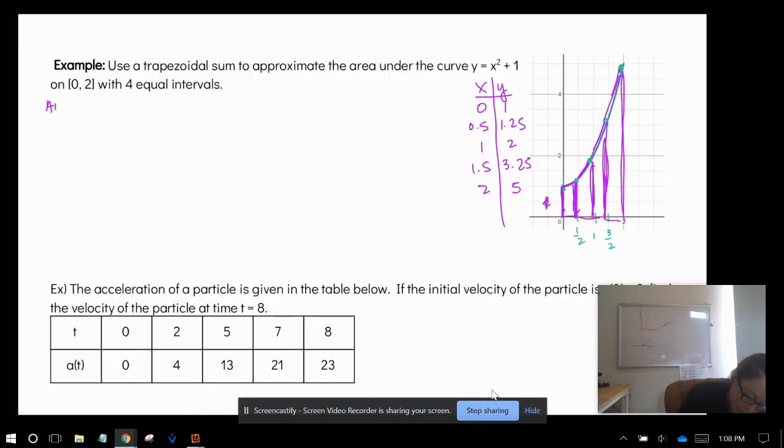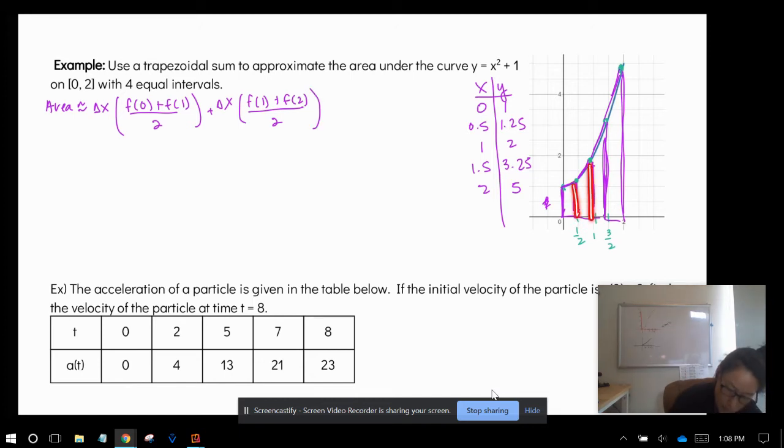Area is about equal to delta x times f of 0 plus f of 1 over 2, plus delta x times f of 1 plus f of 2 over 2.